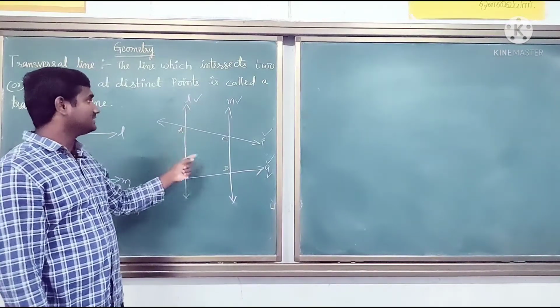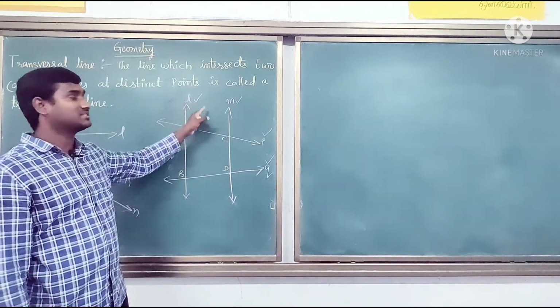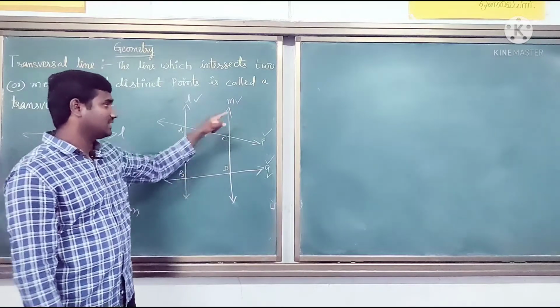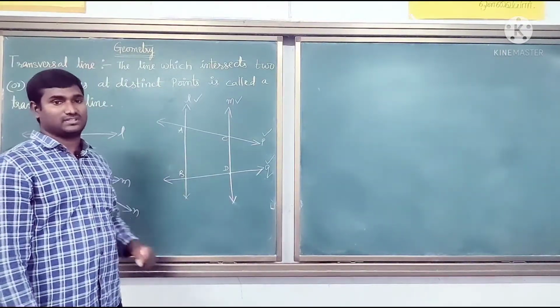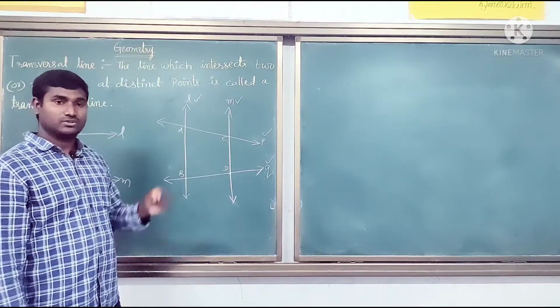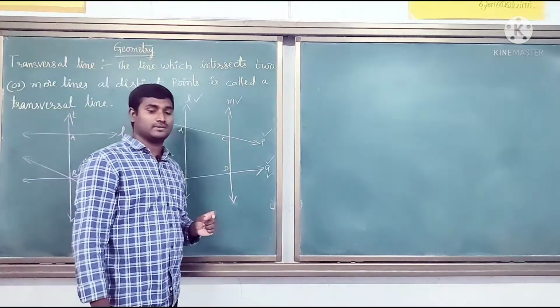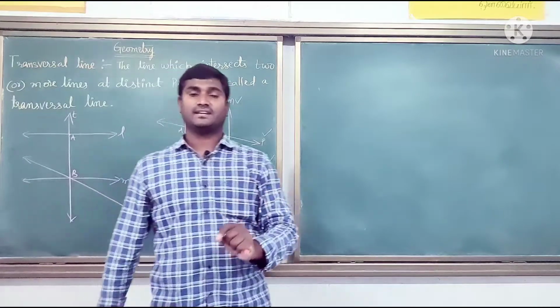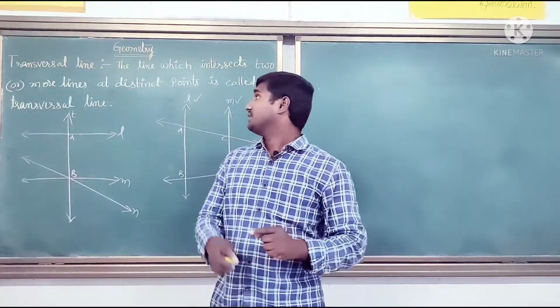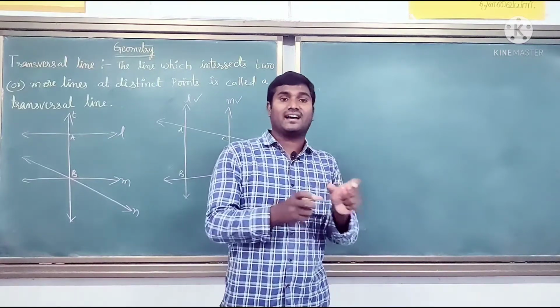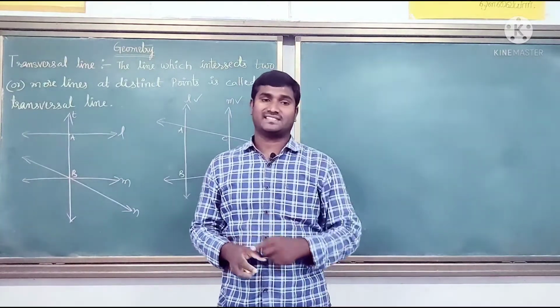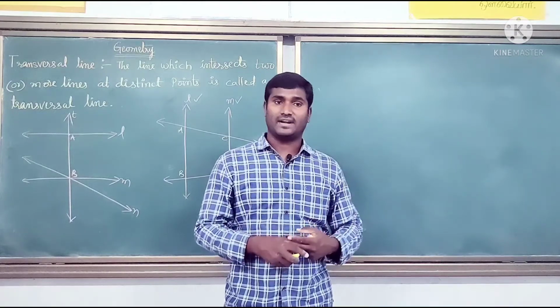In this figure, line l, line m, line p and line q are all transversals. I hope you have good clarity about the transversal line, which is a transversal line and which is not. I hope you understood.